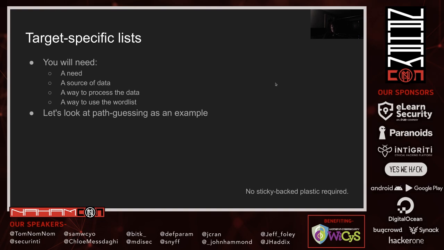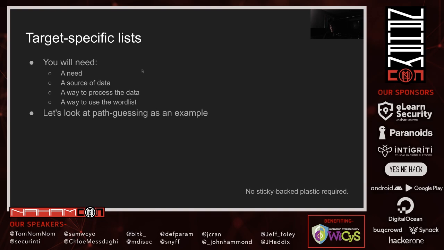So let's take a look at an example of building a path guessing word list for a specific target. We're going to need a need, which in this case is, we want to guess what directories or paths exist on a web server. We're going to need a source of data, somewhere to actually get the information we need to build our word list.